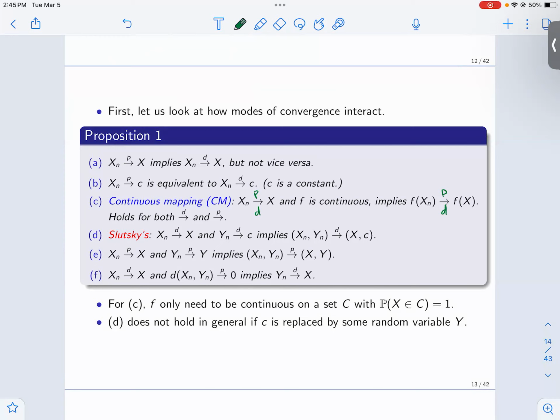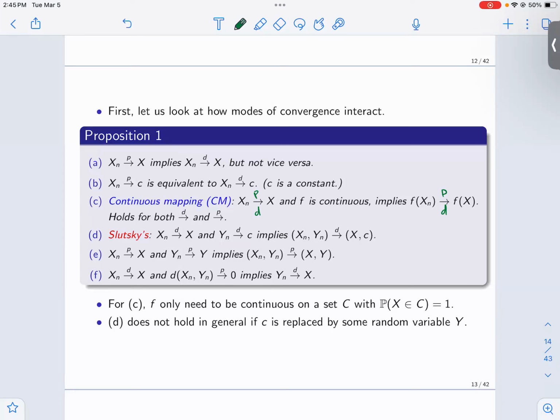This is very useful, and it is not true if the limits of both of them are random. So you need one of them to be constant. This is often called Slutsky's lemma, or the consequences of it that we'll see are called Slutsky's lemma, but this is the base result.